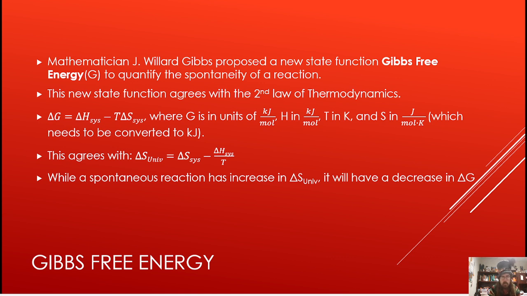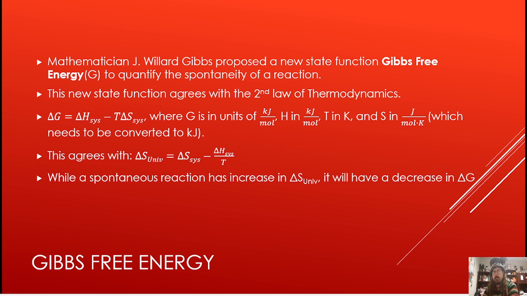But it agrees with the other equation, which would be entropy of the universe is equal to entropy of system minus delta H of system over T. Basically, whenever the entropy of the universe is increasing, we see a negative delta G. The Gibbs free energy in the system is decreasing.